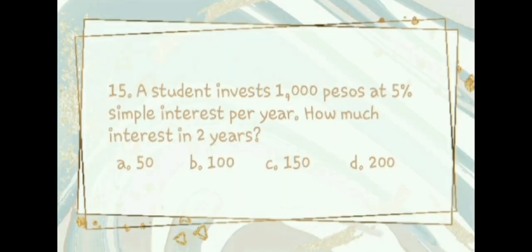For number 15, a student invests 1,000 pesos at 5% simple interest per year. How much interest in 2 years? So we are asked how much interest in 2 years. The formula we will use is simple interest, I equals PRT, where P is the principal, R is the rate, and T is the time.